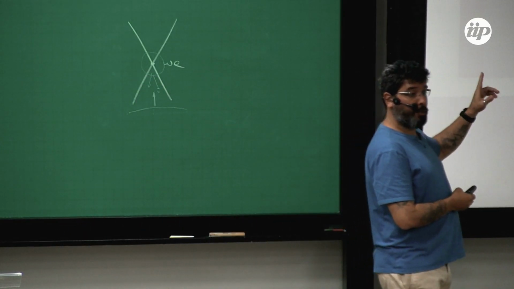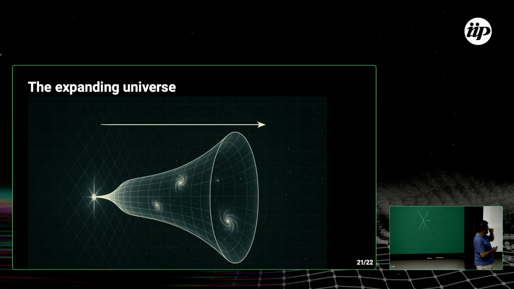So that's what is happening today. We are in an accelerated expansion of the universe, and people working on dark matter and dark energy are trying to explain why this is happening. I think we discovered this in the 90s, that the expansion of the universe is accelerating.